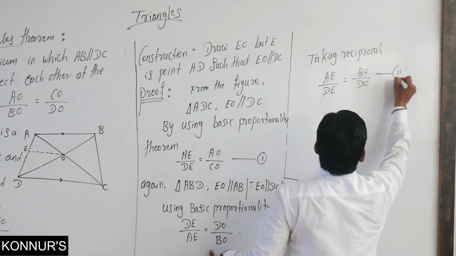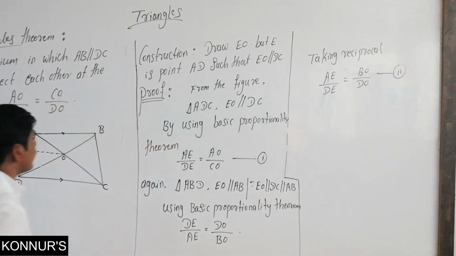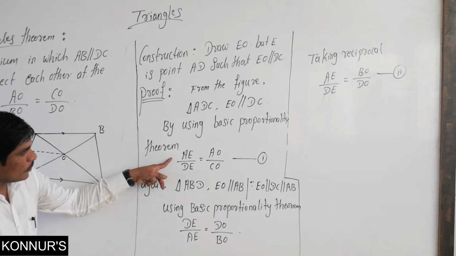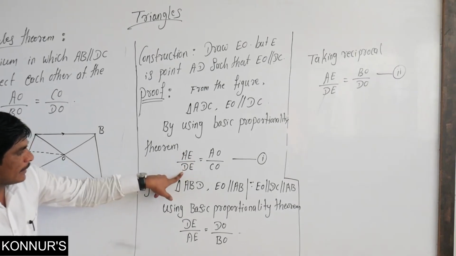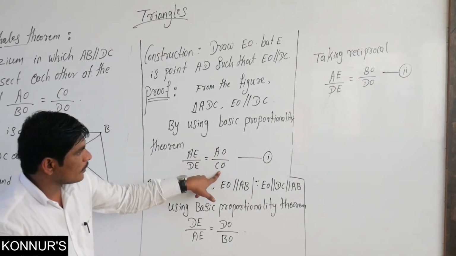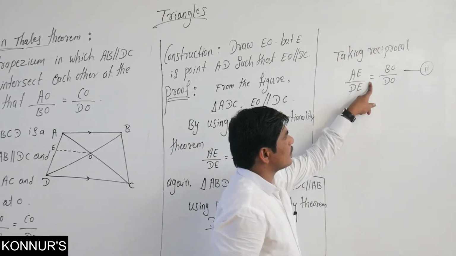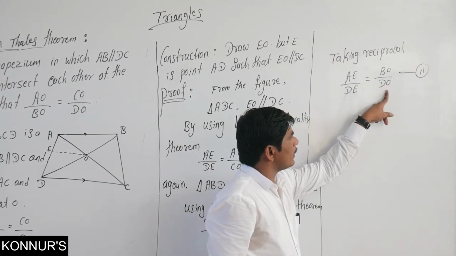This is the second equation. Here, from equations 1 and 2 we observe AE divided by DE is equal to AO by CO, and AE by DE is equal to BO by DO.